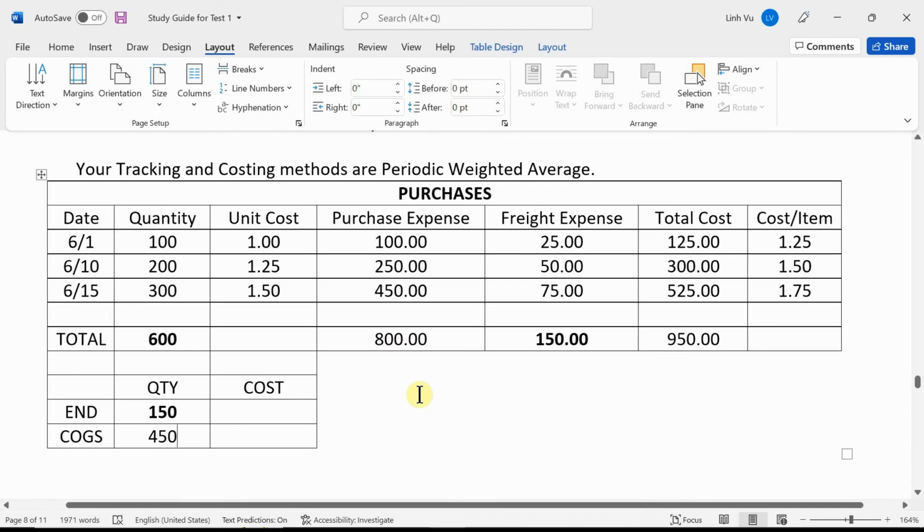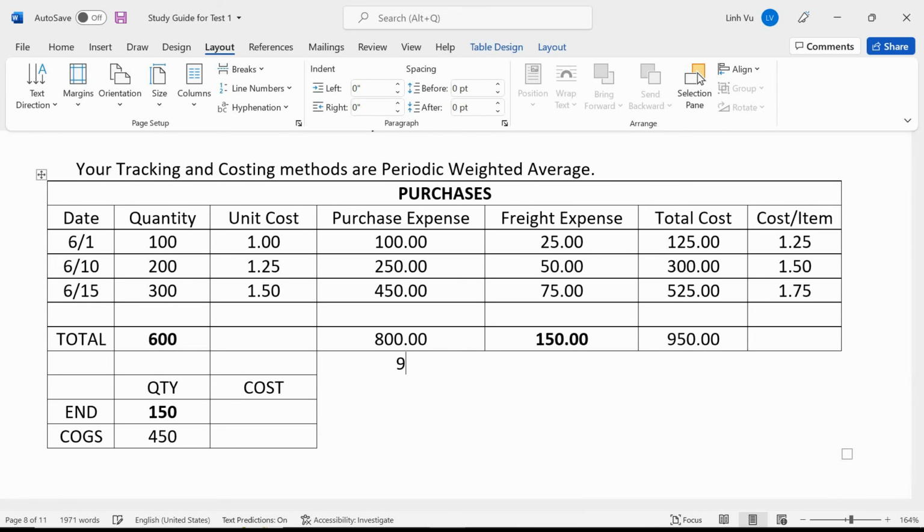Now, let's go ahead and how do I solve for my average cost per item? You divide 950 by 600. 950 divided by 600, yeah. Okay? And that should give you 1.583333. 4 threes.